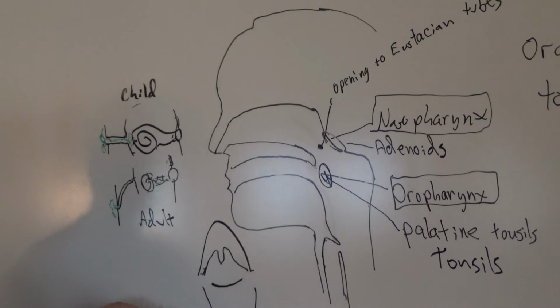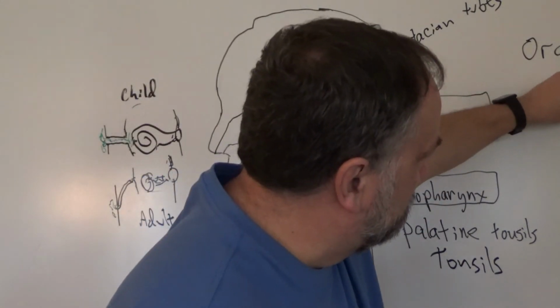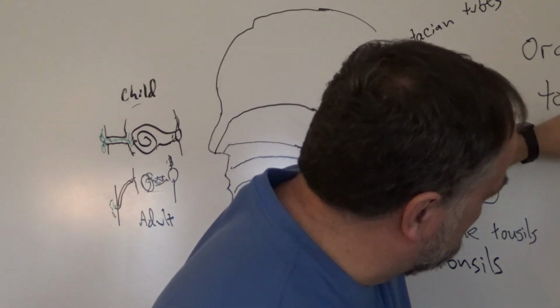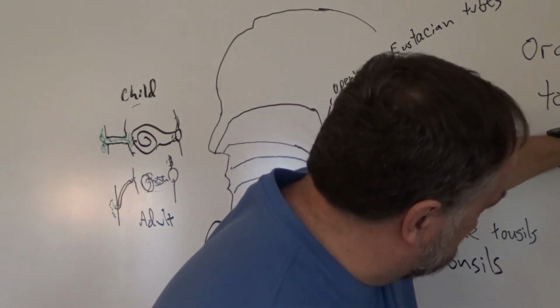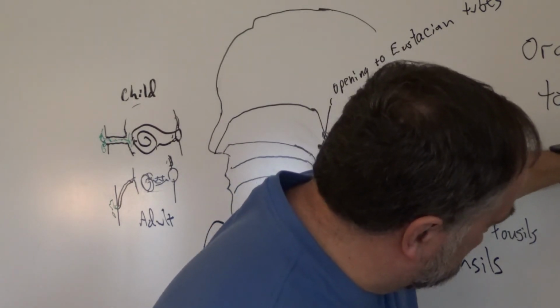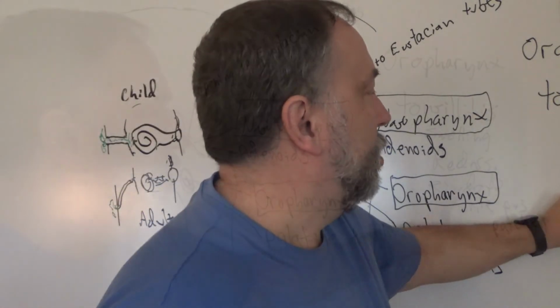It's going to be like that, right? So with tonsillitis, you're going to see swelling, and you're going to see redness, and you might see exudate. That just means white pus patches.